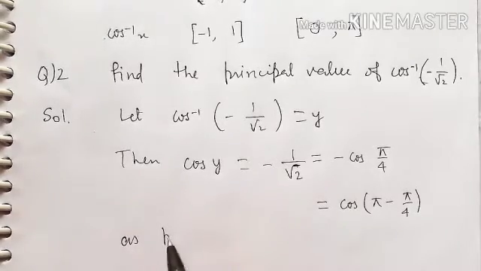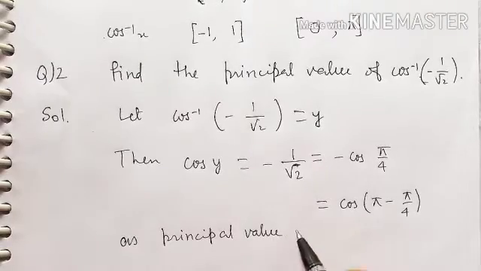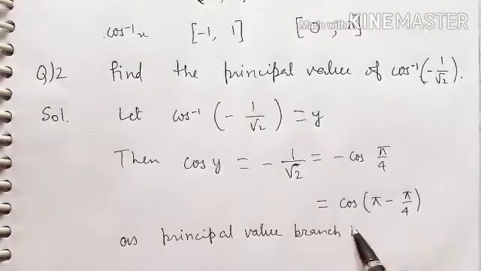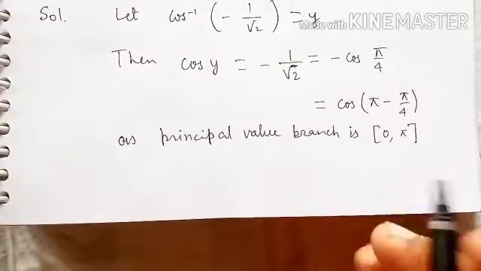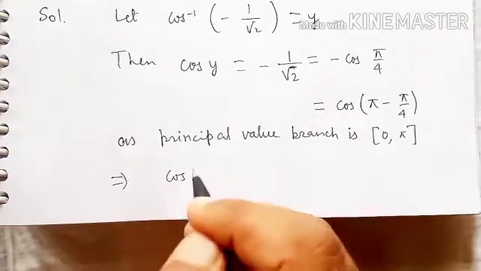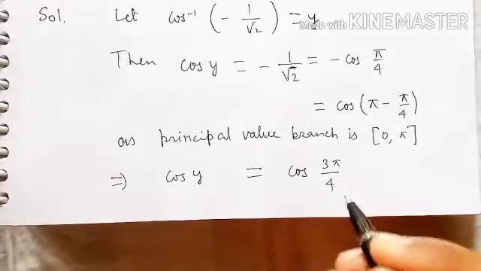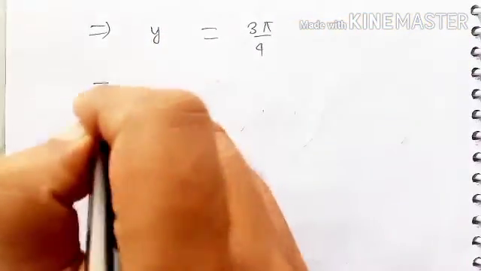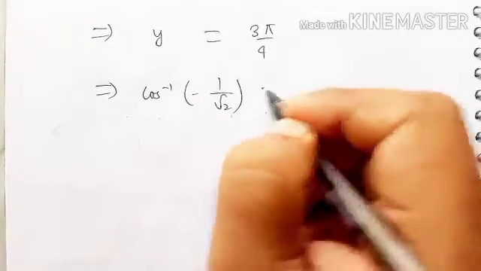As the principal value branch is from 0 to pi, this implies that cos y is equal to cos 3 pi by 4. This implies that y is equal to 3 pi by 4, meaning cos inverse of minus 1 by root 2.